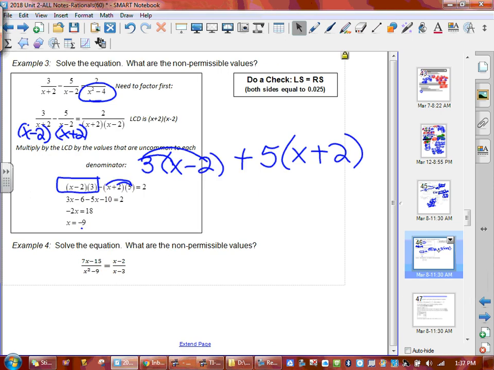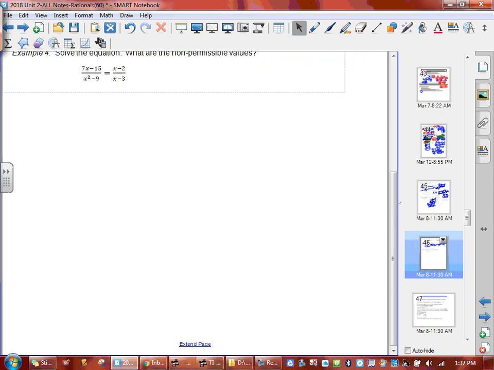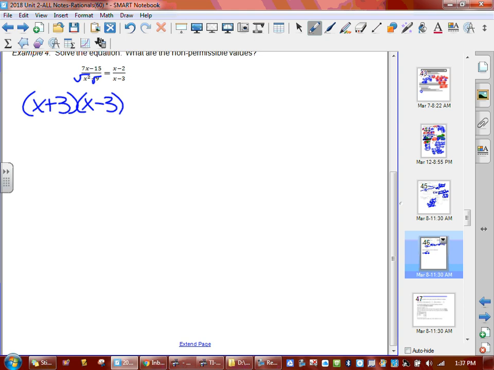All right, we have one last example to get through, example 4. We have one thing to factor. We have an x squared, so we're not going to diamond it, we're going to use difference of squares. So square root. So we're going to get x plus 3 and x minus 3 on the bottom. So just instantly looking, the bottom on the left has 2 brackets.